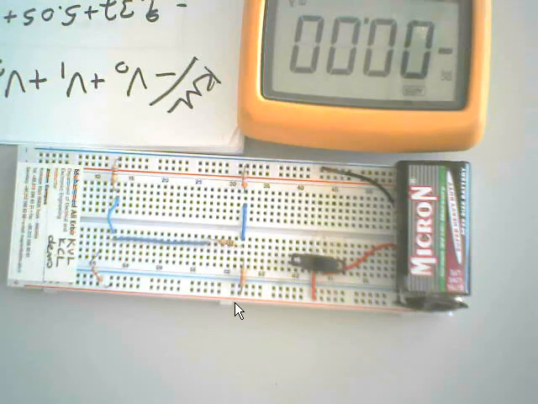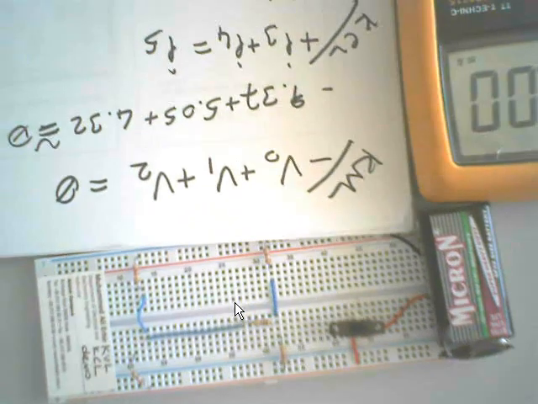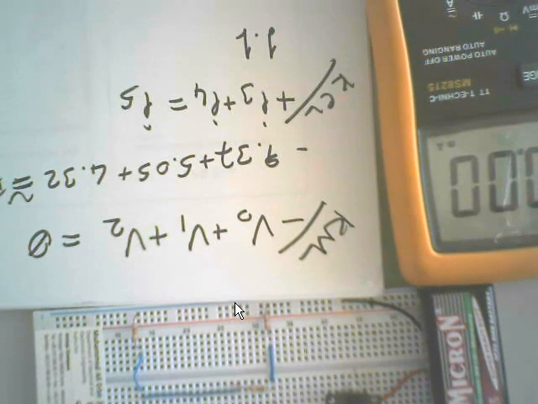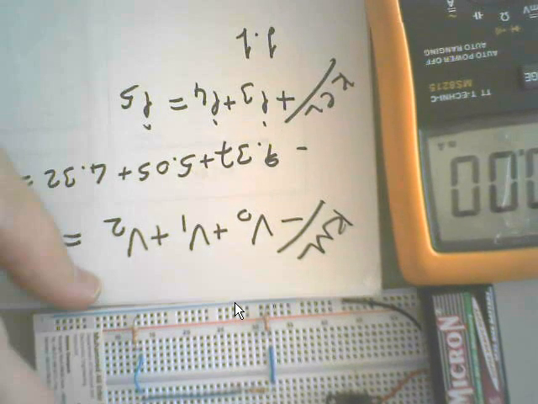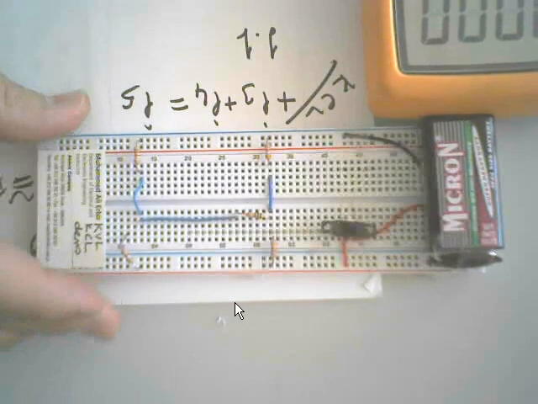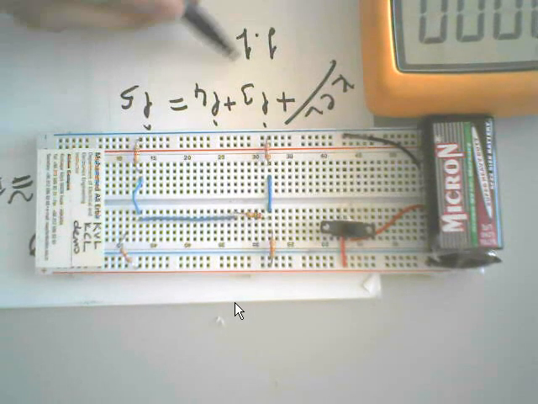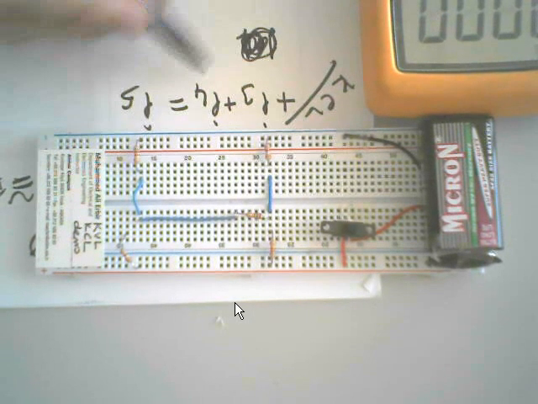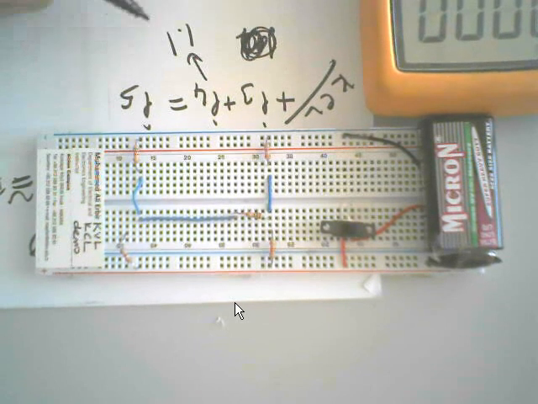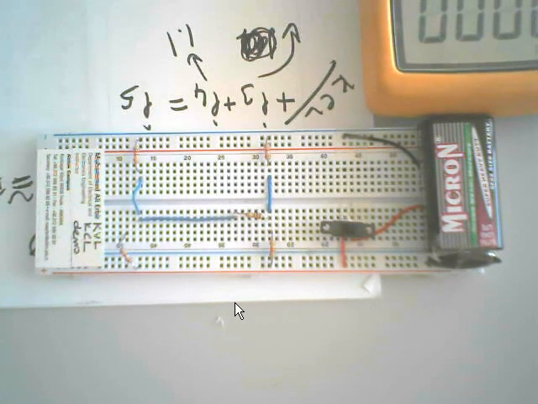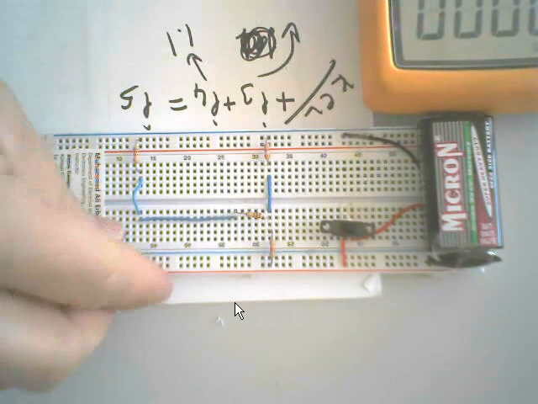So I made a small mistake here. This should be I4. I4 is 1.1. Let's look at what I3 is.